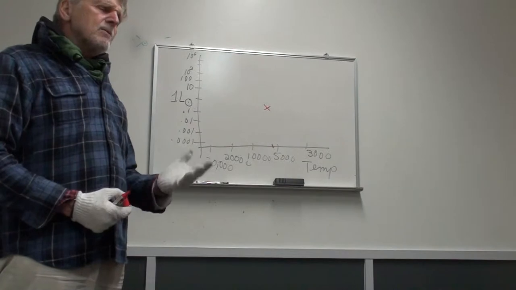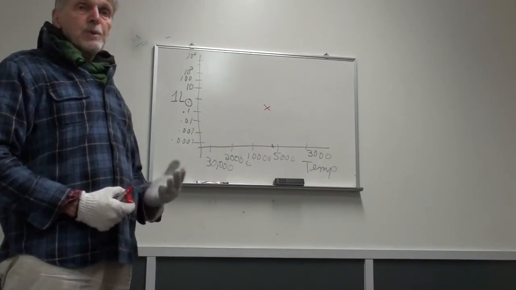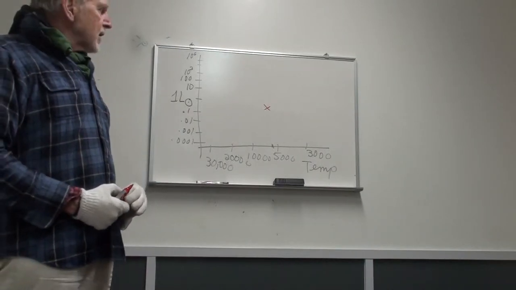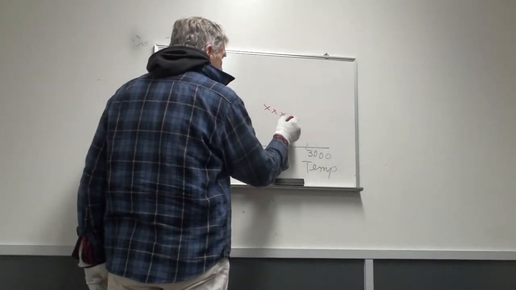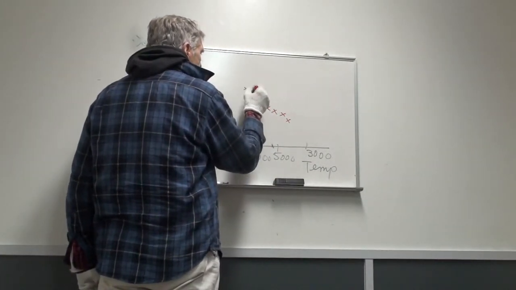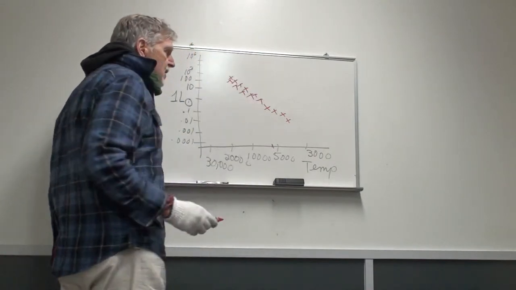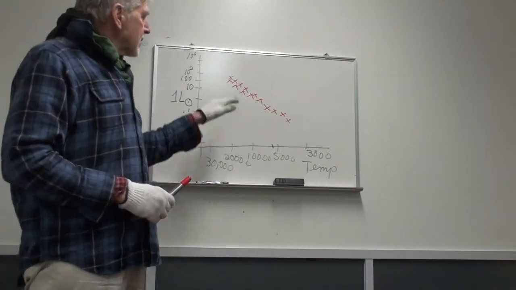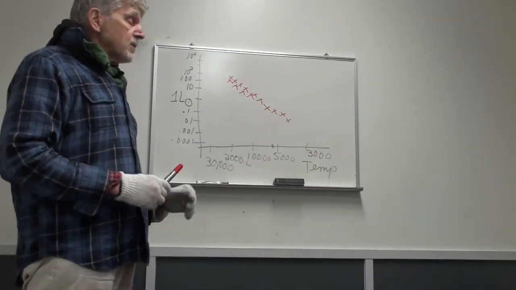Now, if we measured the luminosity and the temperature, which we can do because of the maximum wavelength that it emits, of a large number of other stars, we would find that 95% of all of the stars that we look at fall into a band. 5% of the stars fall outside of this band, but 95% of the stars that we look at fall into this band.